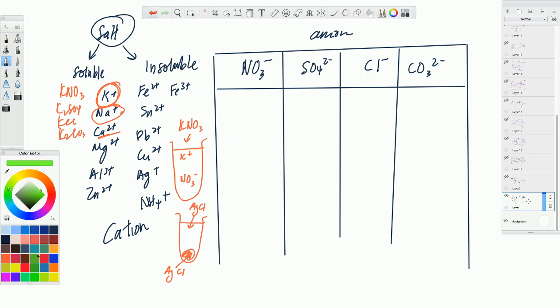So all nitrates are soluble. Okay, that means as long as there's a nitrate at the back, it is soluble. For example, potassium nitrate, sodium nitrate, calcium nitrate, magnesium nitrate, lead nitrate.